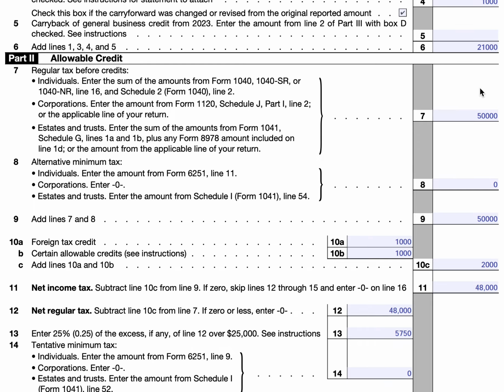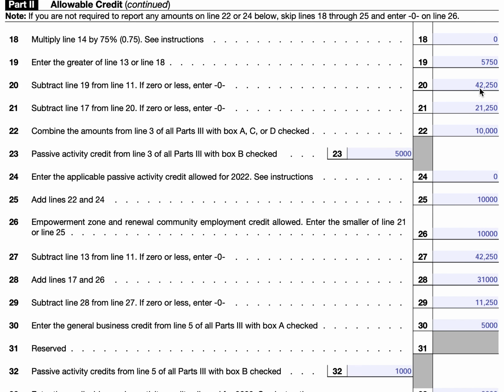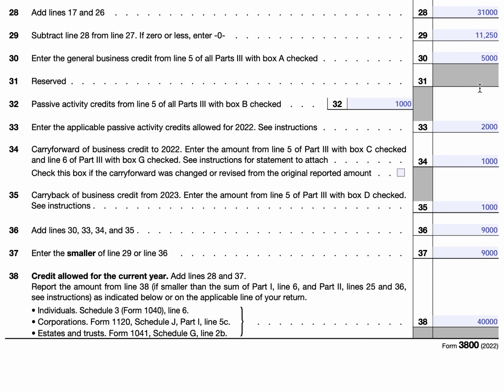So that ends up being a total of $40,000, and coincidentally, that happens to match the number that's on 38. However, if for some reason you added line 6, then line 25 and 36, and you came up with a larger number, then you would have to enter the $40,000.